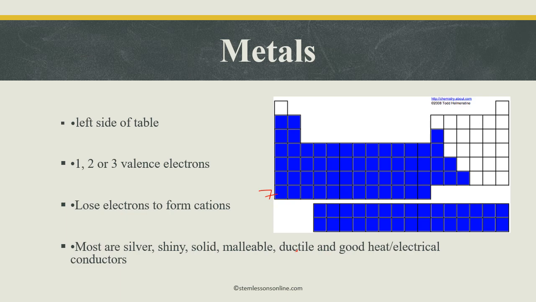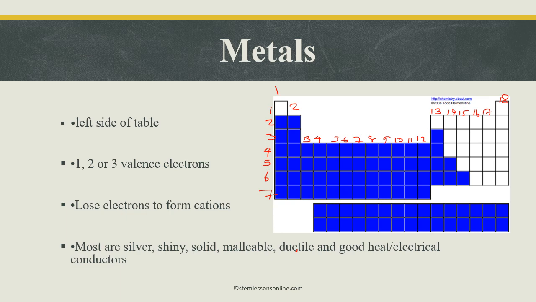These are the columns, and we have 7 periods: 1, 2, 3, 4, 5, 6, 7 periods.